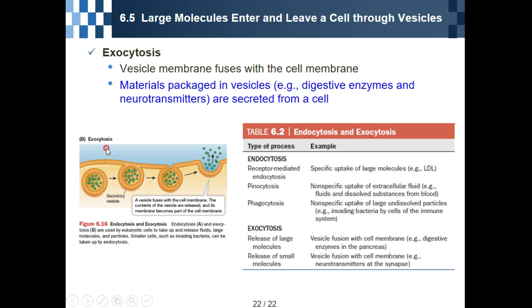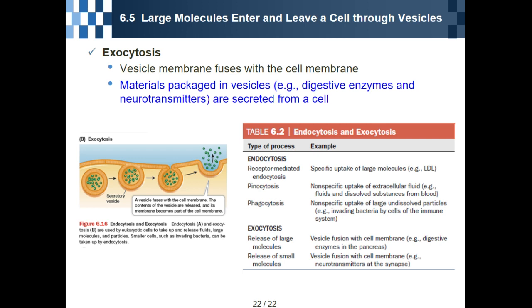At that time, we use exocytosis. So the vesicle membrane fuses with the cell membrane, and the material packed in the vesicle, sometimes digestive enzymes or lots of neurotransmitters, can be secreted out of the cell like this. This is called exocytosis.